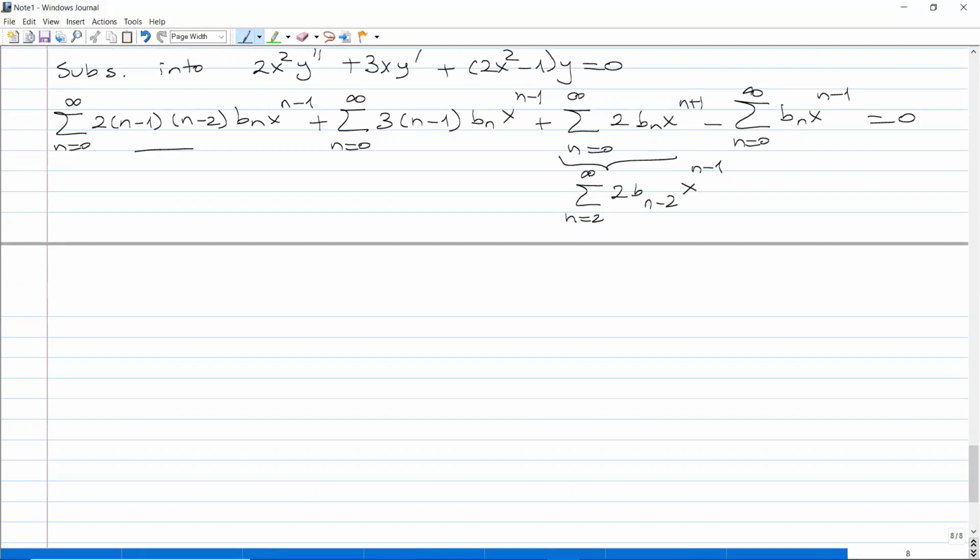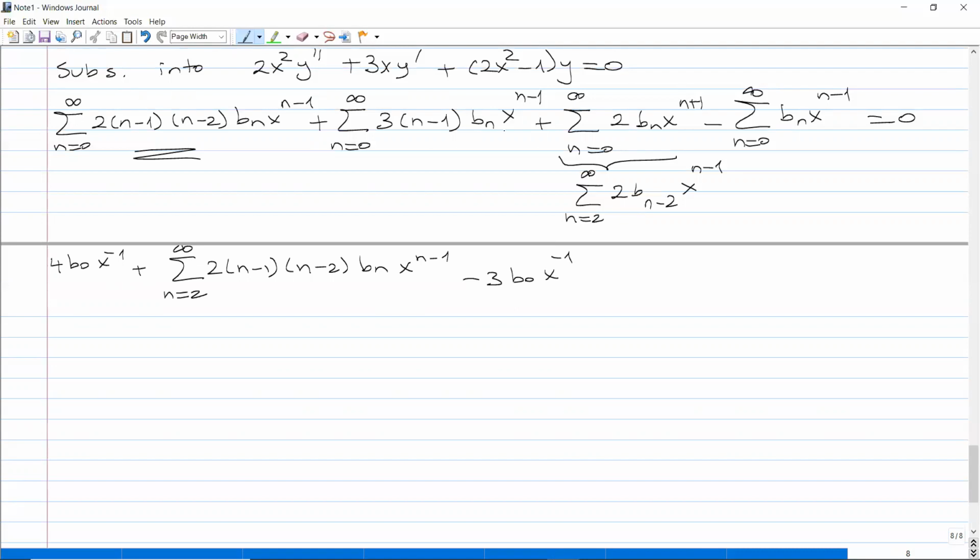So let's look at the first series. For n equals 0, we have 4b0 x to the power minus 1. For n equals 1, the term is 0, so we don't have a term for n equals 1. And the rest, n starts from 2. And the second one, for n equals 0, we have minus 3 b0 x to the minus 1.